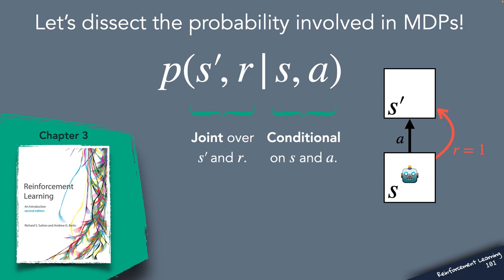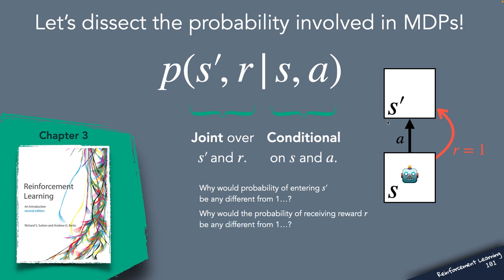So you may wonder, why would probability of entering S prime be any different from 1, right? Or why would the probability of receiving this particular reward be any different from 1? And so far we've only dealt with the state transitions and rewards that were certain. So it feels natural to ask these questions.